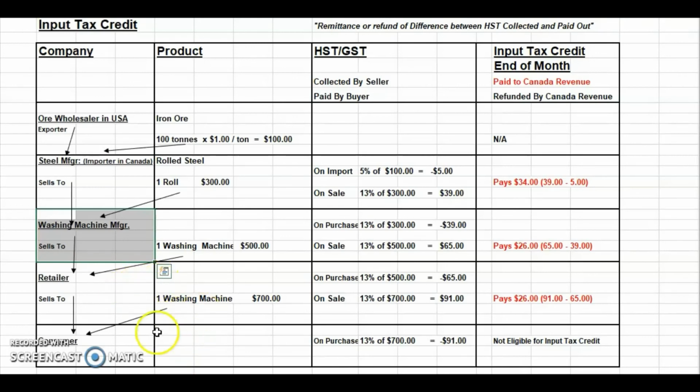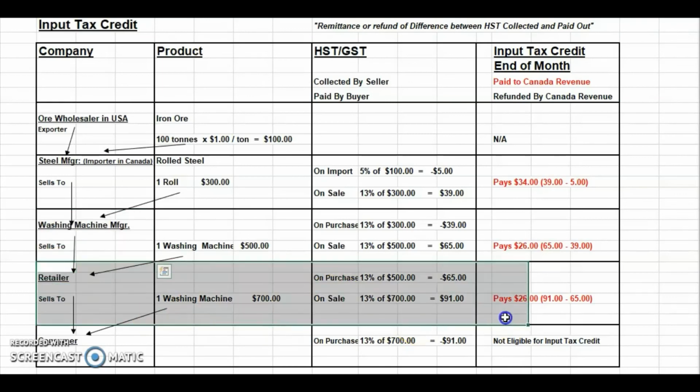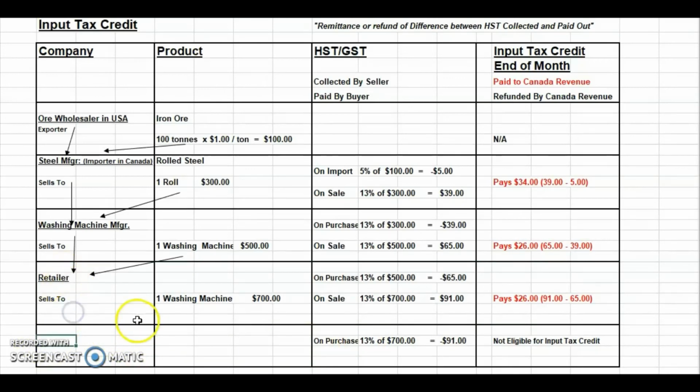Now let me give you another little scenario. Let's say the retailer doesn't make the sale to the consumer, because they didn't have any sales this month. So what they did is they purchased a washing machine for $500 from the washing machine manufacturer, and they didn't have any sales this month. What do they do with the input tax credit?